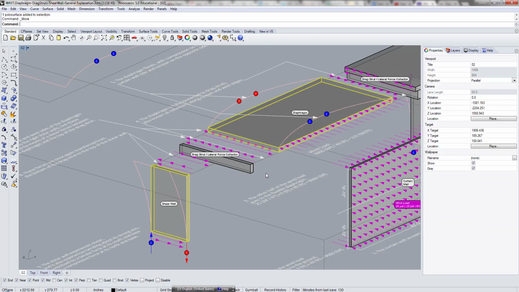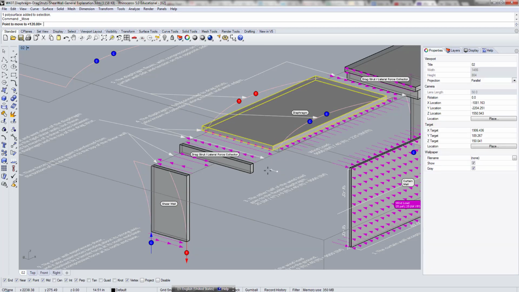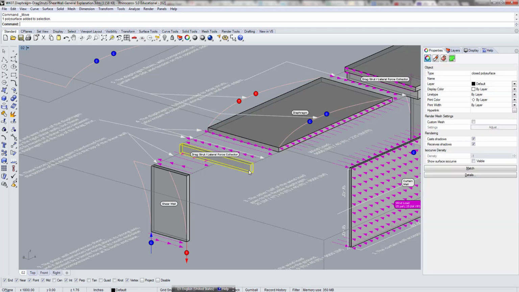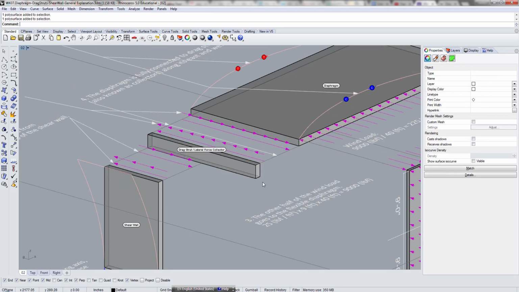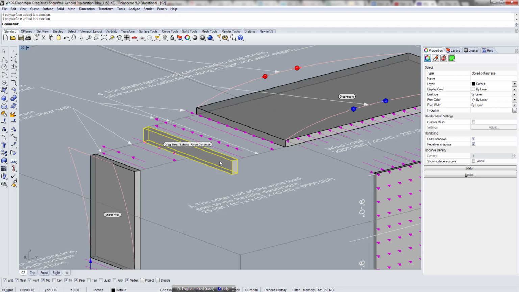So this actually gets pushed that way, but it doesn't want to move, so it has to resist that force by trying to move the other way. This beam or the collector is being pushed on its upper side. Here the diaphragm is trying to move it this way, so there's a tendency to go this way. The shear wall is supposed to resist that lateral force.